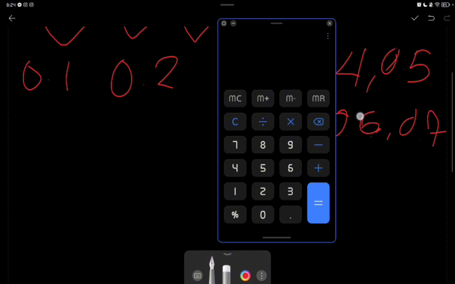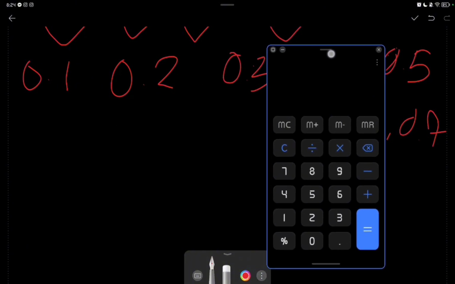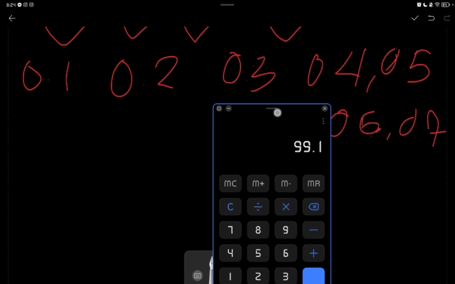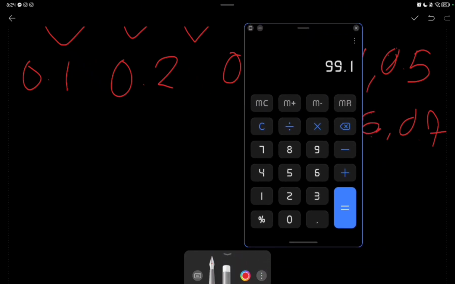Since the last given is 99.1, we will subtract 99.1 minus 0.5.